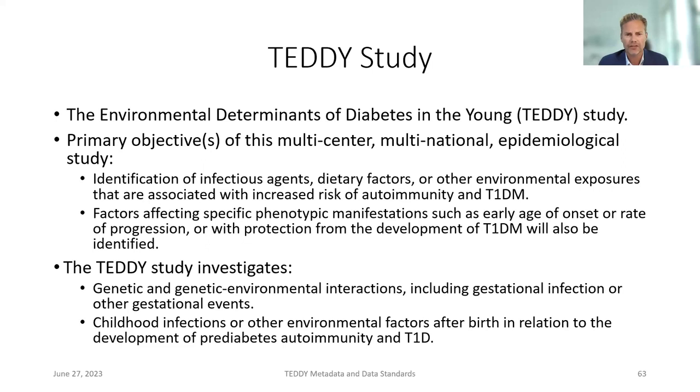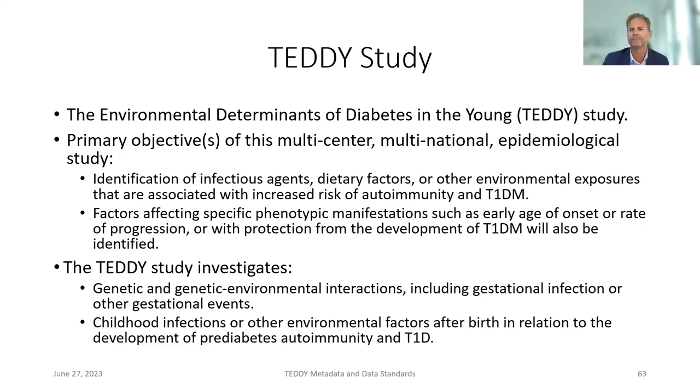The TEDDY study investigates genetic and gene-environment interactions, including gestational infection or other gestational events, childhood infections, or other environmental factors after birth in relation to the development of prediabetes, autoimmunity, and type 1 diabetes. The TEDDY study participants are followed for 15 years for the appearance of various beta cell autoantibodies and diabetes, with documentation of early childhood diet, reported and measured infections, vaccinations, and psychosocial stressors. The participants are no longer followed once they reach the study endpoint.